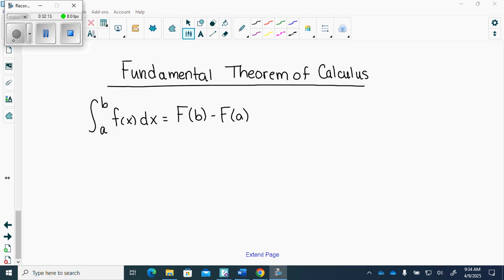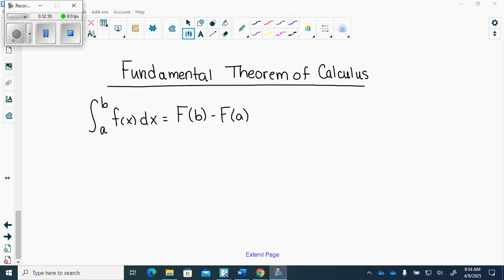So if I'm trying to find the area under the curve, say f of x is any function from an a value to b, lower limit to an upper limit. The way that I do that is capital F is the antiderivative. So I'm going to do the antiderivative of f and fill in b minus the antiderivative of f and fill in a. And it'll give me the answer that our calculators have been giving us.